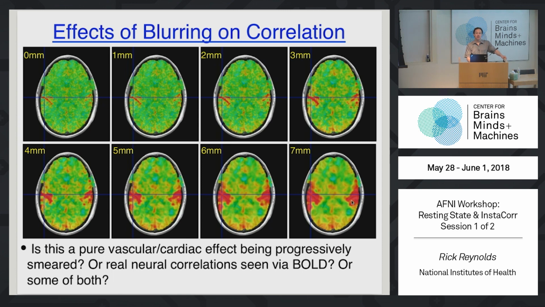So you can look at this and ponder what seems like a reasonable amount of blur for yourself. And again, with the InstaCorr correlations you can do in AFNI, which we will get to, you can play around with this and see the effect, and that may give you a better idea of how much blur you want to apply. But again, we lean towards small.